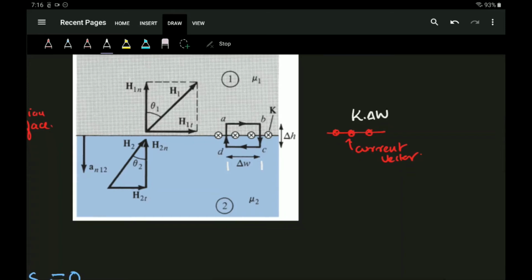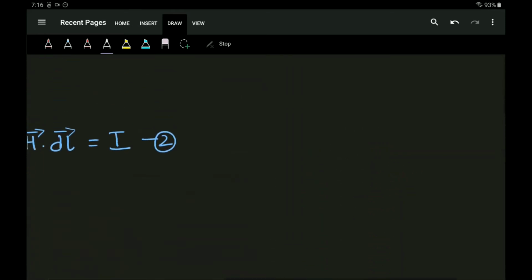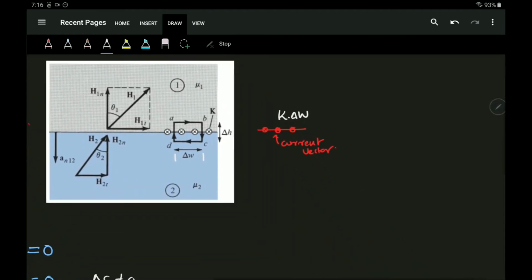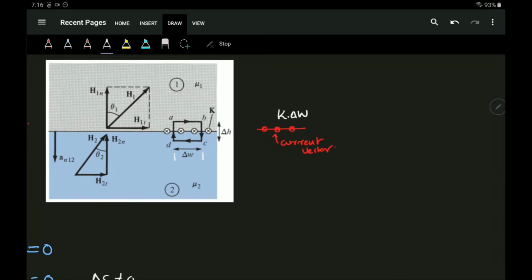From Ampere's circuit law, the closed loop integral of H dot dl should be equal to I. When I apply the same thing here as we did in our electrostatics part, I make my height very much 0.